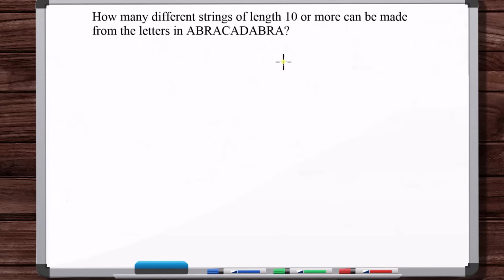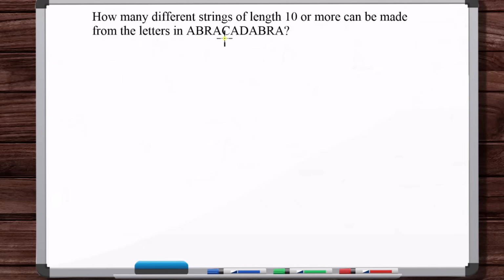From the perspective of the Venn diagram, none of the outcomes we're going to add are overlapping. So, for example, the outcomes of 10 length character strings and 11 character strings, those don't overlap. There's no 10 character strings that are also 11 character strings and vice versa.